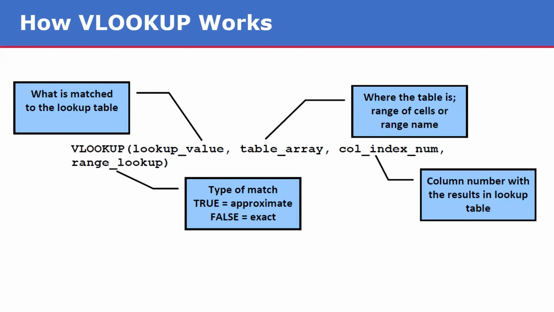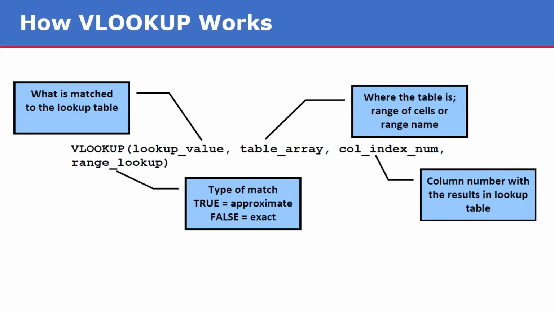When Excel takes that value to that location, that range of cells or range name, then the third argument is the column number that has the results in the lookup table. So the first thing to know is that in that range it's looking, the first column has to be the column that has that potential lookup value. It might not be column A. That's why it could be a range of cells, but it's the first column.